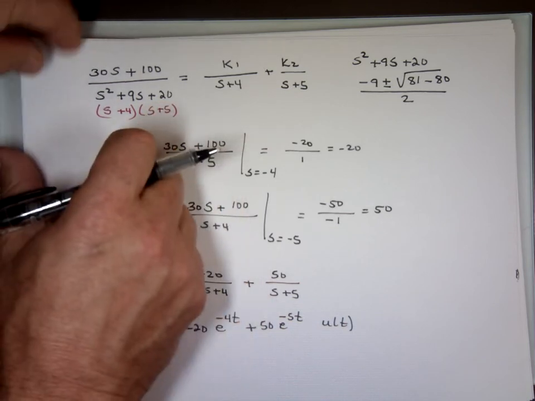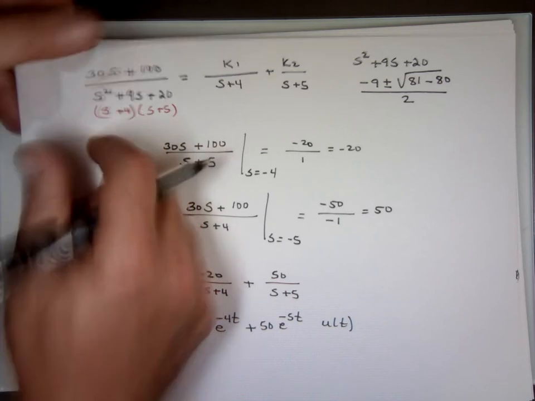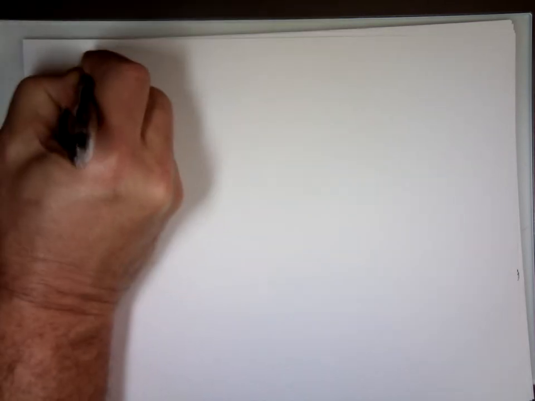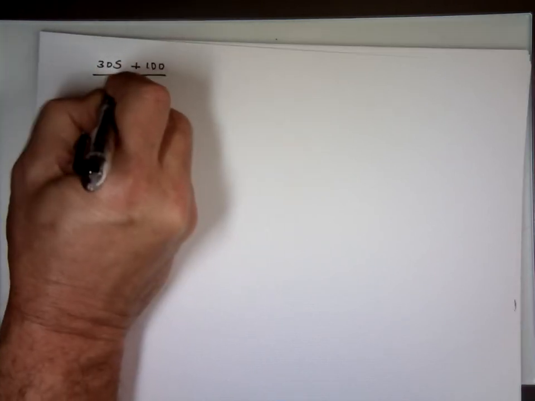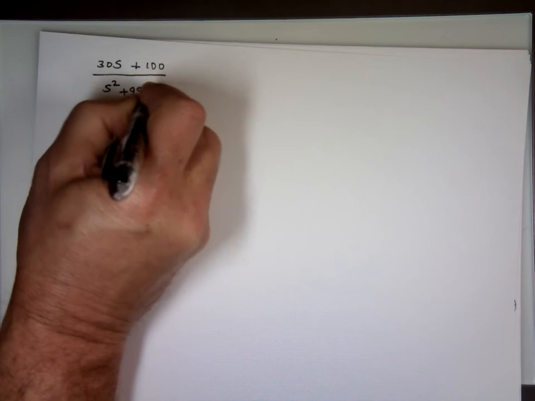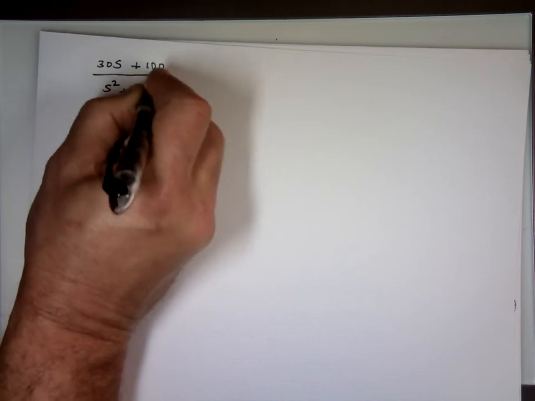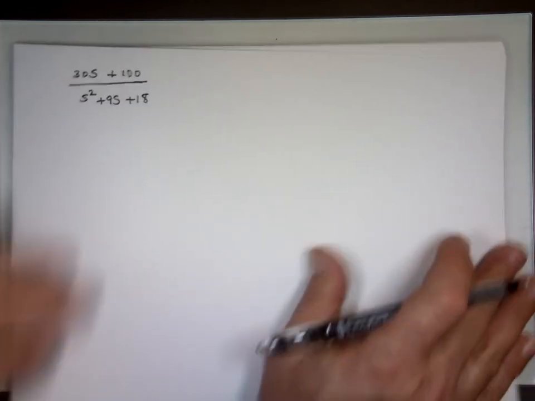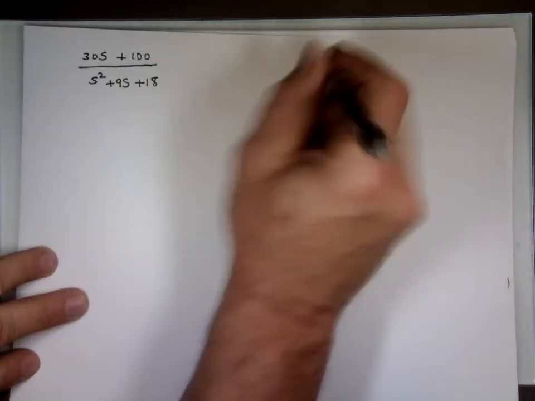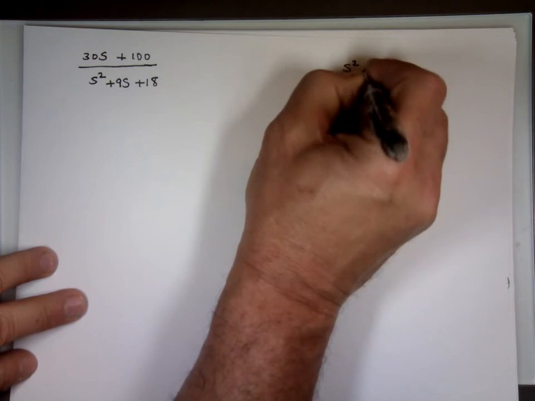So 30s plus 100 over s squared plus 9s plus 18. Anytime I see a quadratic, if I can't factor it, I go, let's solve it.